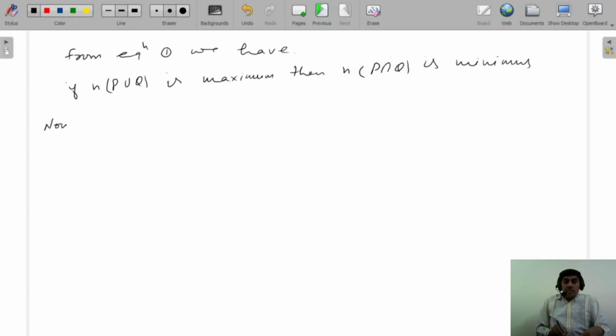Now, the maximum value of n of P union Q is equal to n of X, which is equal to 1000.